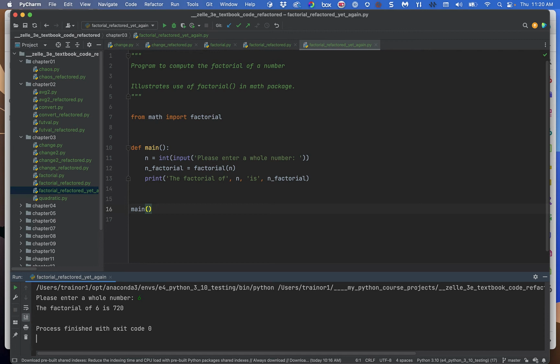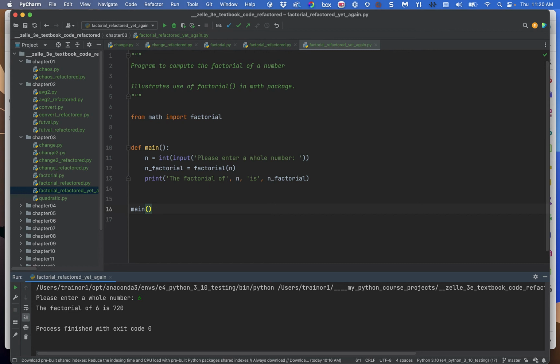Now, it's always a tension when you're teaching beginners between showing them how to calculate things by hand, which is what the factorial example from the book does, and equating them with the library packages like math, where you can just call a function to do it.